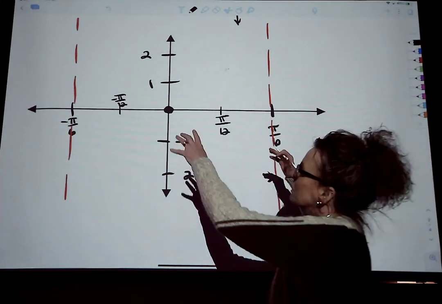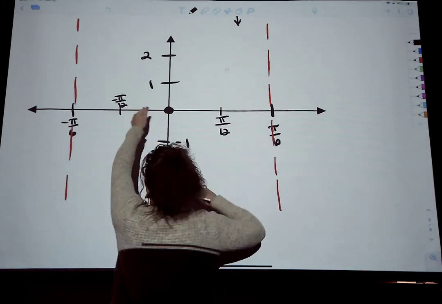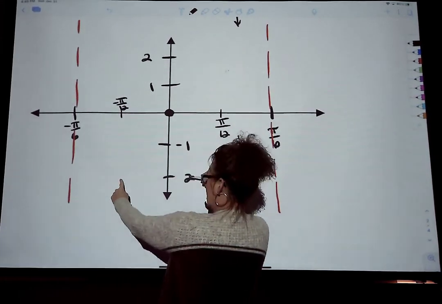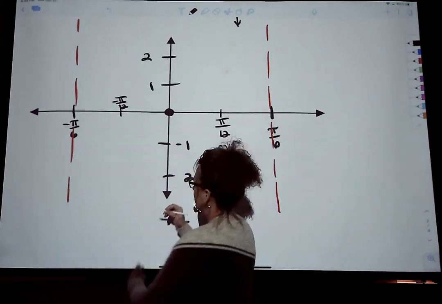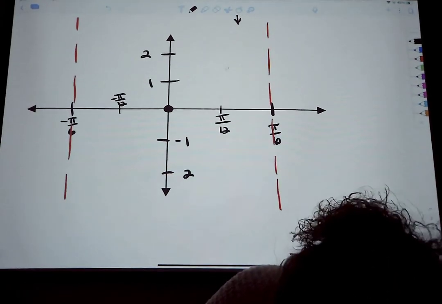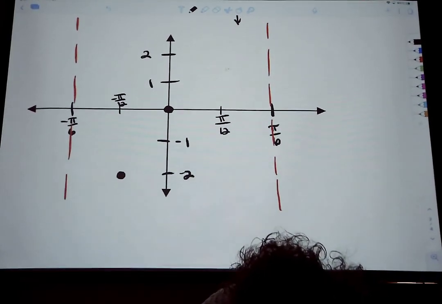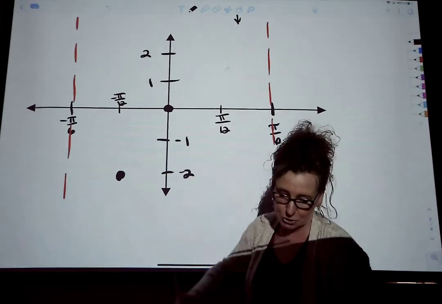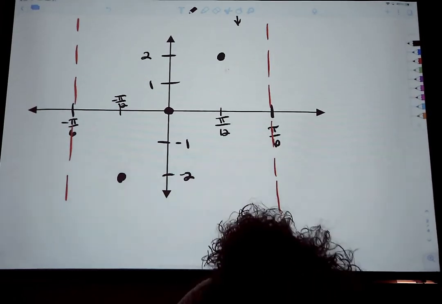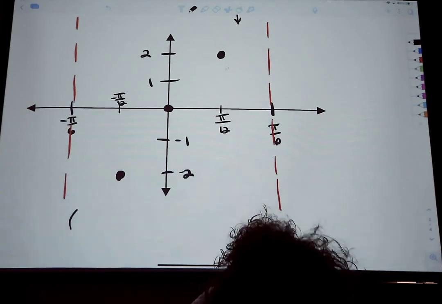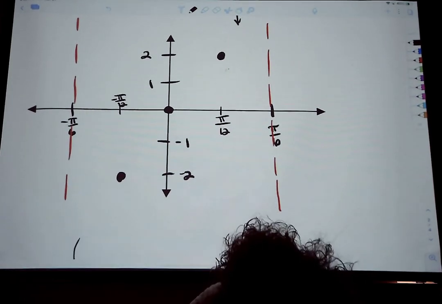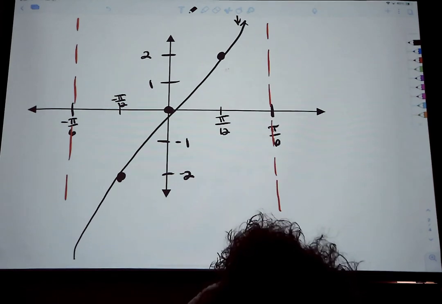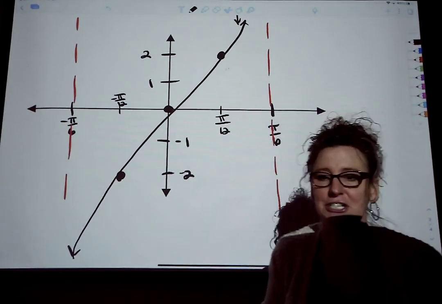All right, so you got one of your points. We need one halfway and down here, remember, because A was 2. Need one down there. And I need one halfway and up 2. Whew. Very stretchy. Okay?